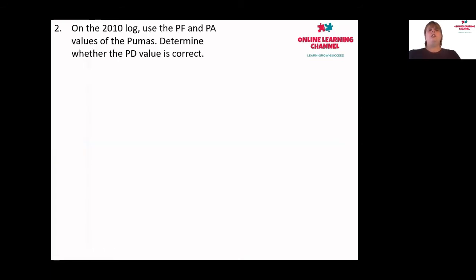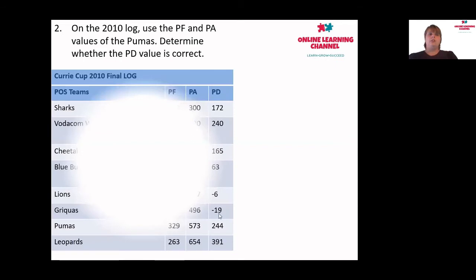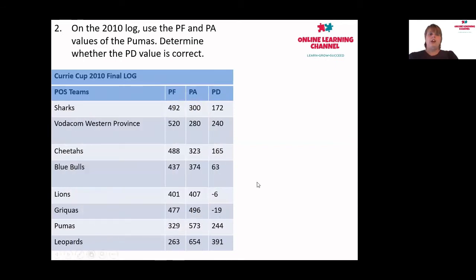Question 2. On the 2010 log, use the PF and PA values of the Pumas to determine whether the PD value was correct. Okay, so here's my information again. Now I'm going to use the Pumas information to calculate. I want to see if this value, did they calculate it correctly, yes or no? So what do I actually need?